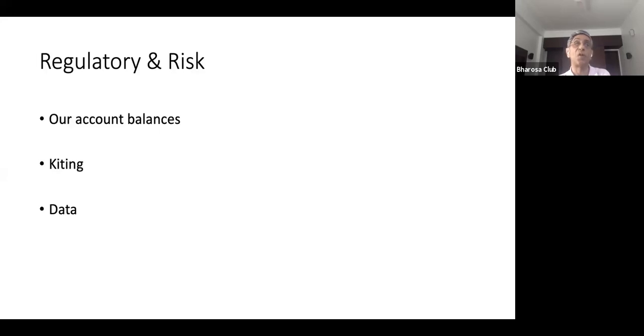So these were called our accounts. So our accounts with Allahabad Bank, with Dena Bank, and so on. Now, all these our accounts, they would qualify for the reserves that Citibank needed to maintain.